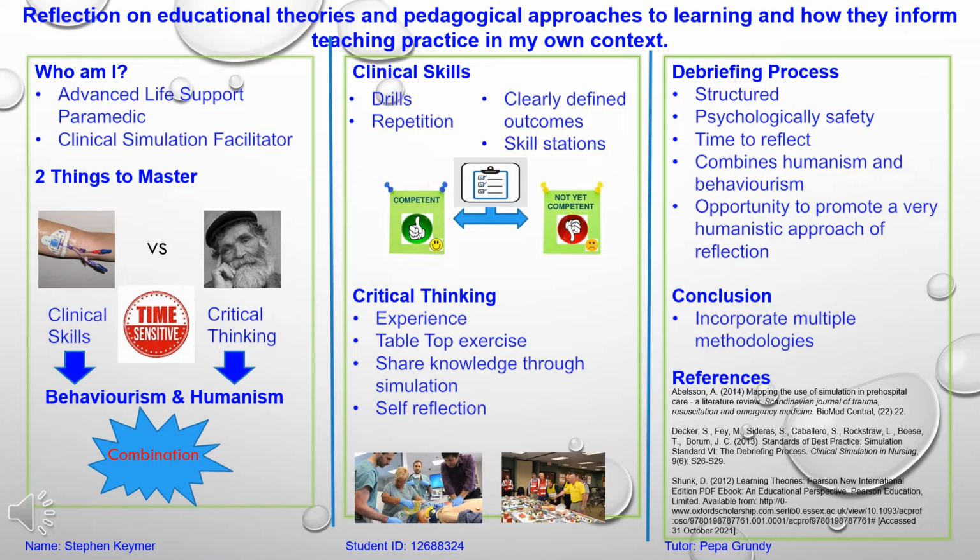On the other hand, when the task for the day is to develop clinical knowledge, theory, and general critical thinking, my approach is very humanistic in nature. We may start with a group tabletop exercise where we all sit together and discuss a particular pathology and its possible treatments.